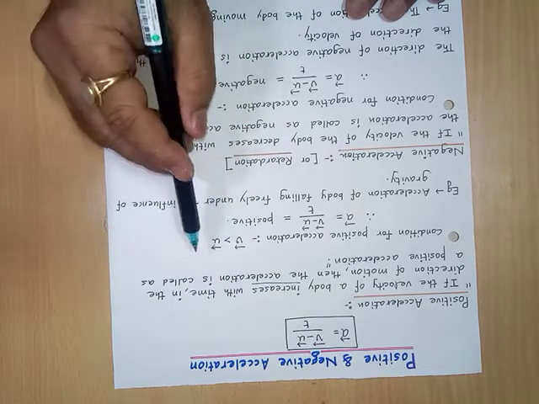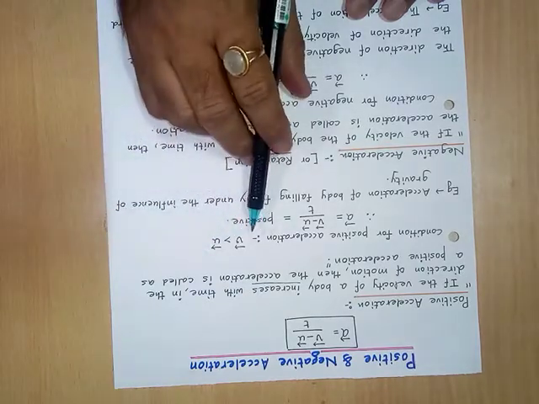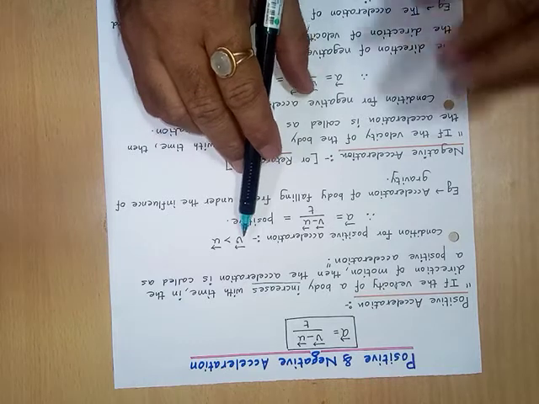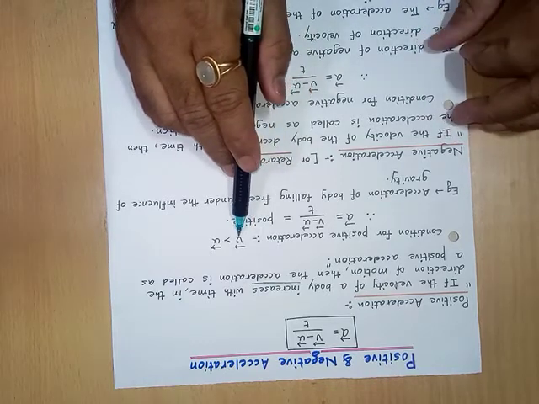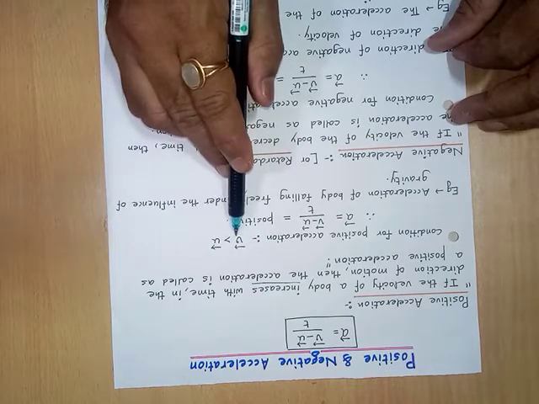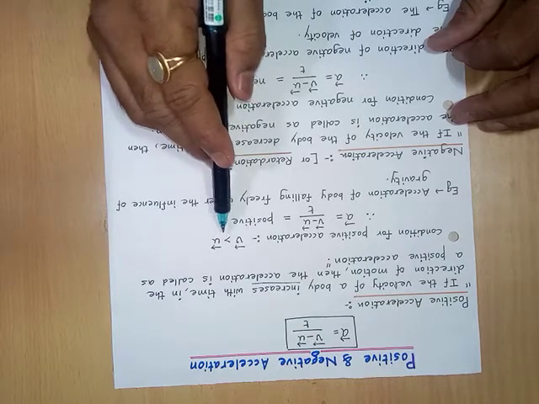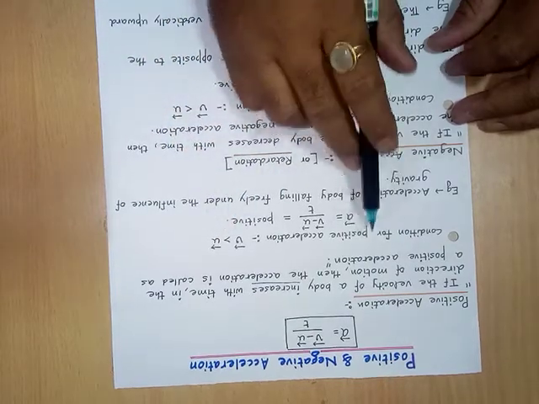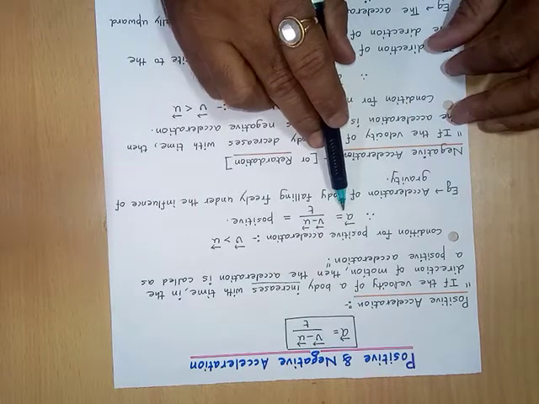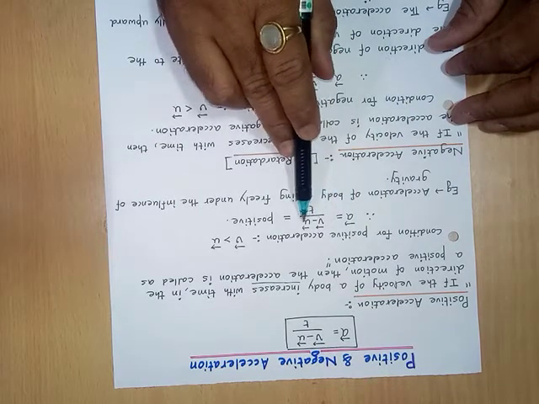In short, if an object is performing motion, and during the motion the final velocity of the object is greater than the initial velocity, that is v is greater than u, then definitely the acceleration is positive acceleration. Here the formula for acceleration we can rewrite as a equals v minus u divided by t.